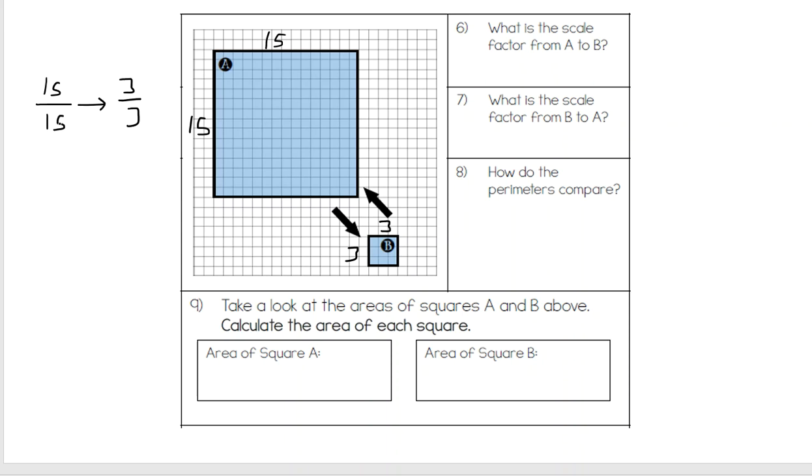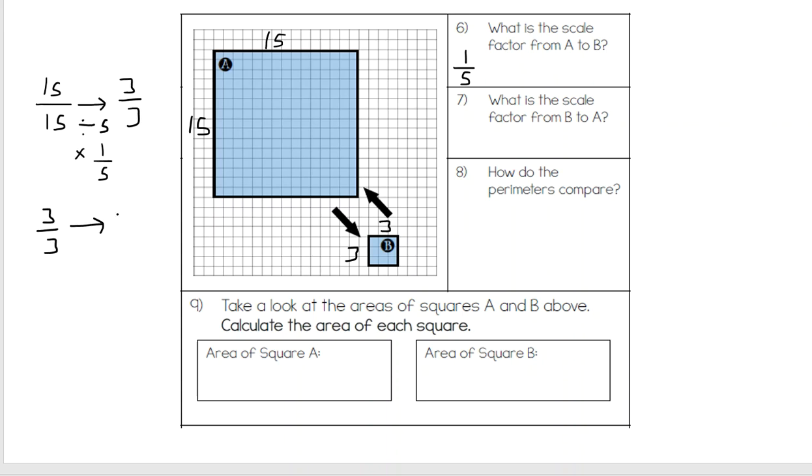So to get from 15 to 3, we had to divide by 5, and dividing by 5 is the same thing as timesing by 1/5. So B is 1/5 of A. It's 1/5 of the size of A. And now if we look at the scale factor from B to A, well, B is a 3 by 3.